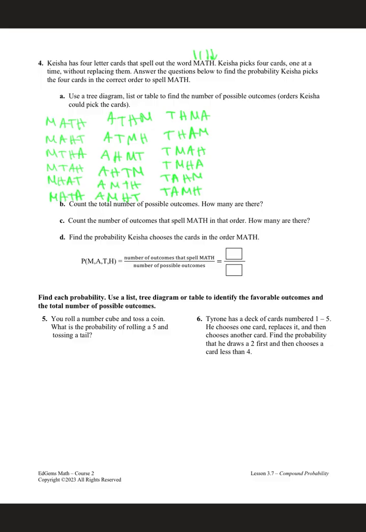So H, M, A, T. Then H, M, T, A. Then H, A, T, M. Then H, A, M, T. Finally, we've got H, T, M, A. Then H, T, A, M. Now, that is a boatload of writing, but there you go.